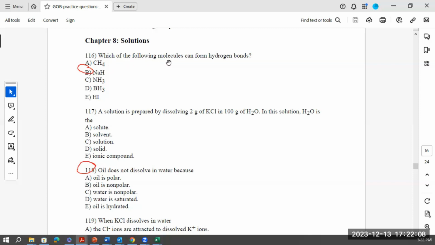Okay, so which of the following molecules can form a hydrogen bond? We kind of talked about this a few minutes ago, if you guys remember. What is the secret for hydrogen bonds? What three elements can form hydrogen bonds?